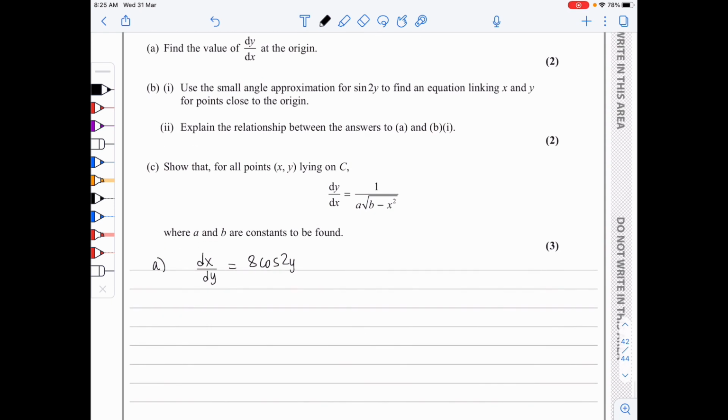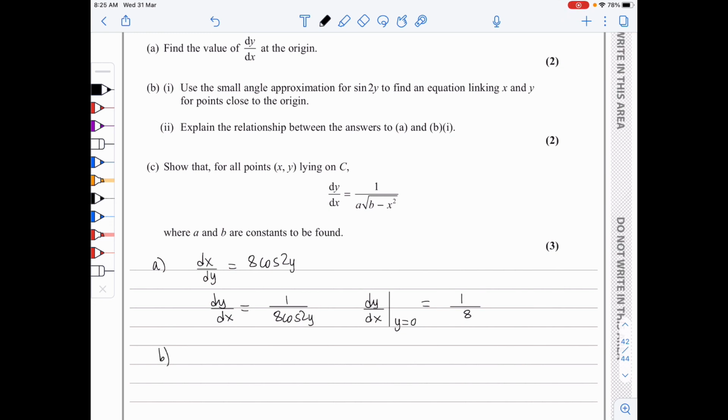If I just flip this, I will get dy dx is 1 over 8 cos 2y. And if I evaluate this at x is 0, y is 0, we pass through the origin, remember, it's going to be 1 over 8.